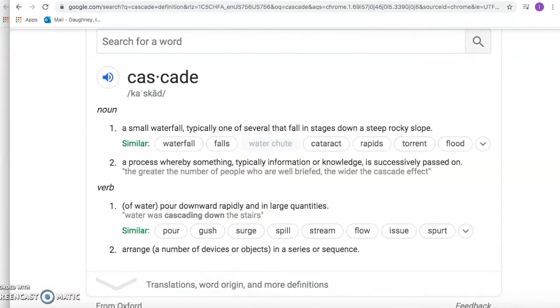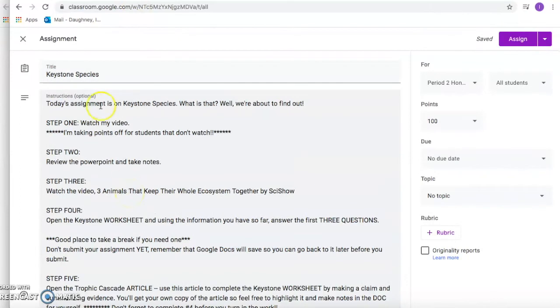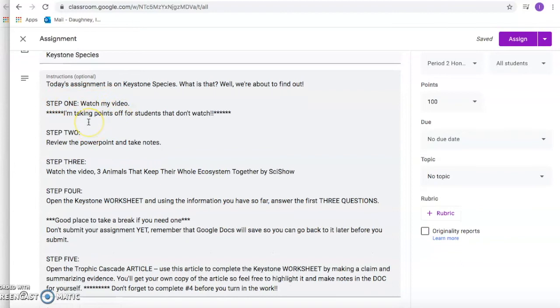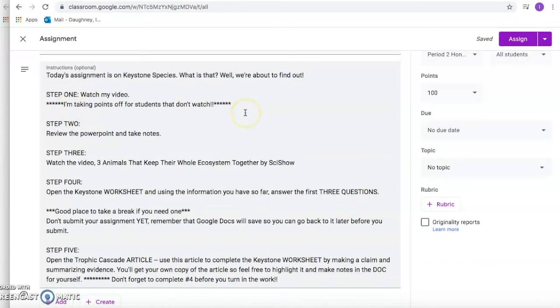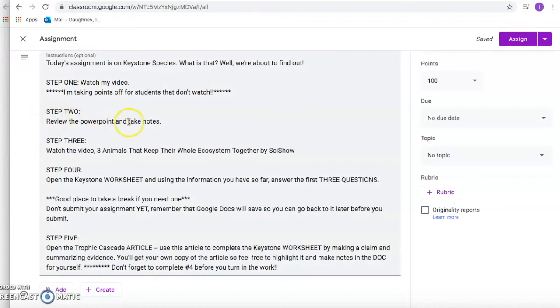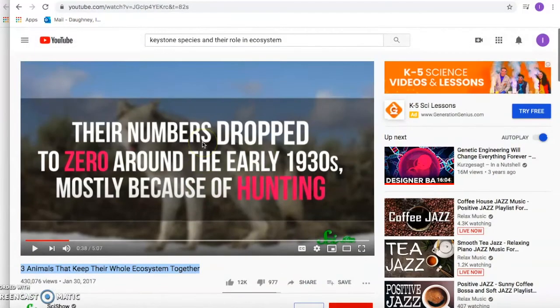Now, let's get into the assignment on our keystone species, okay? So first, you're going to watch my video, all right? Second, you're going to review the PowerPoint and take notes, okay? So just like the PowerPoint that I just showed you where the starfish needs to eat all those mussels, you want to make sure that you understand that. And then you're going to watch this video, 3 animals that keep their whole ecosystem together, which is right here, okay?